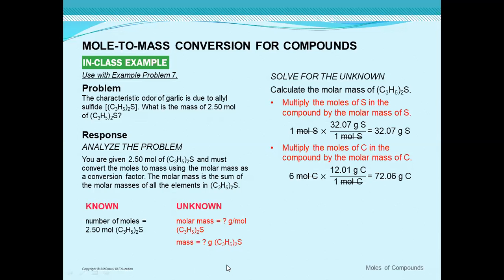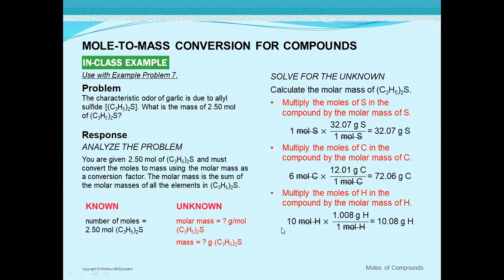H5 by 2, so 5 times 2 equals 10 moles of hydrogen, times the molar mass of hydrogen, which equals 1. So it will be 10 times 1 equals 10. Understand me, Abdullah?